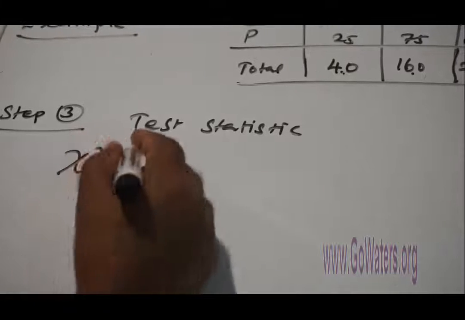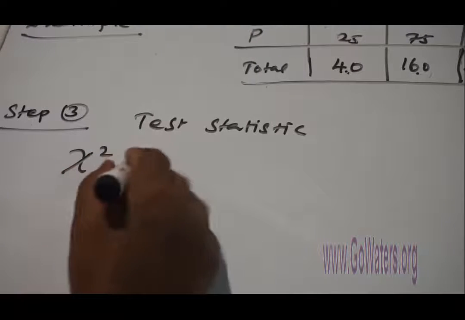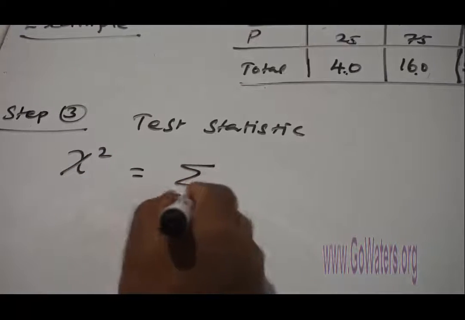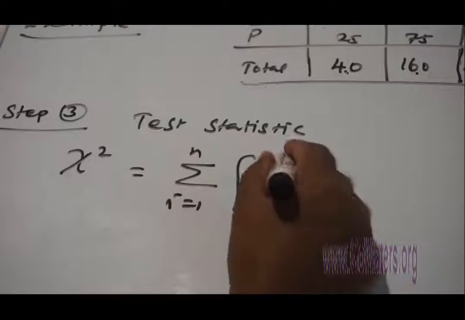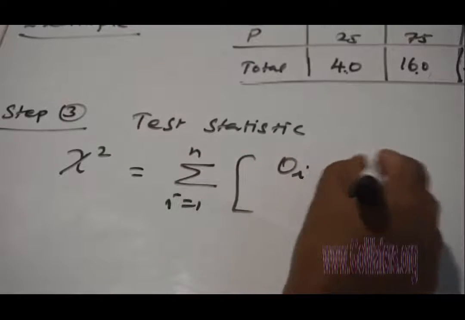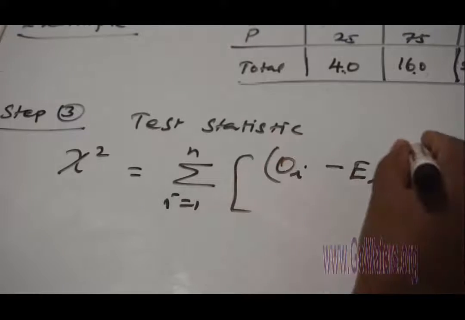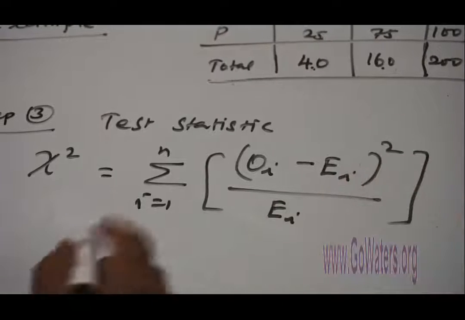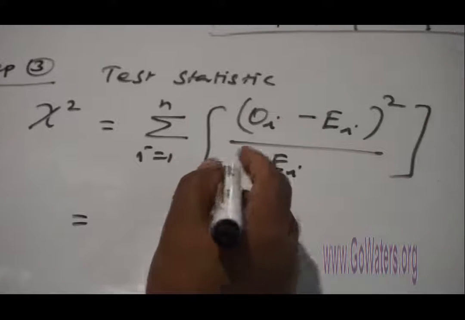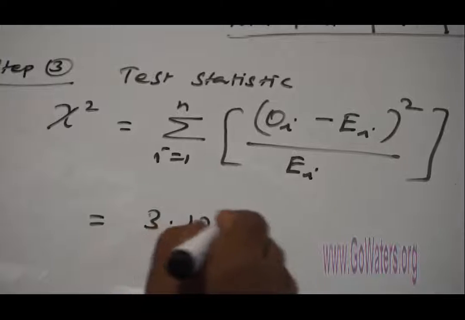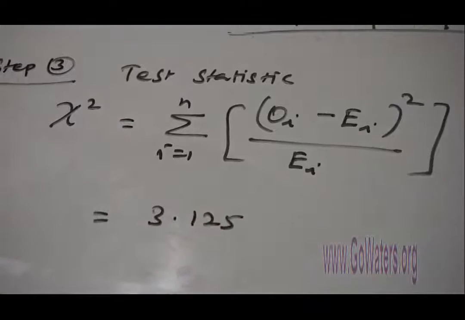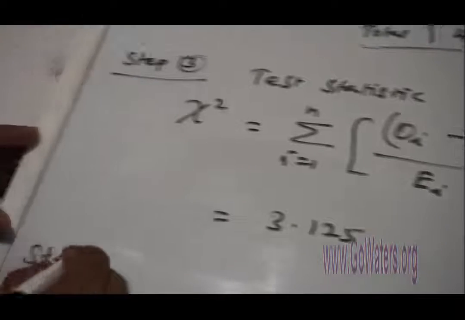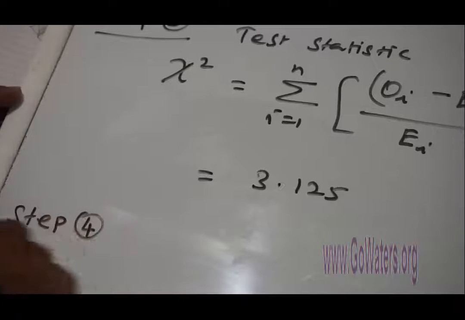Chi-square equals the sum from i equals 1 to n of (Oi minus Ei) squared divided by Ei. We already calculated that as 3.125. Step 4, make a decision.